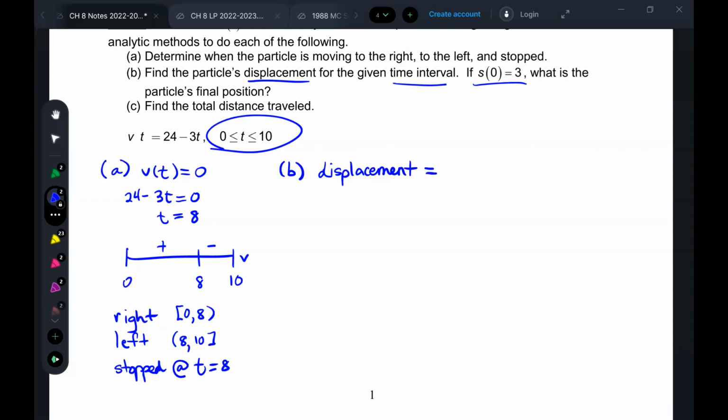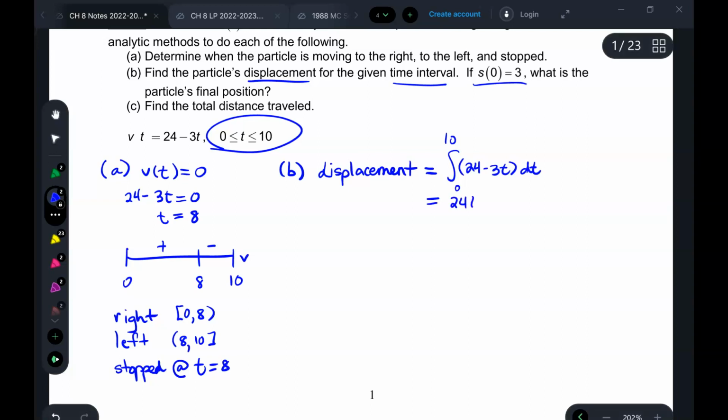Right, we want to go from 0 to 10 of 24 minus 3t dt. Good? Okay, so what do we get? 24t minus 3t squared over 2, evaluated from 0 to 10.